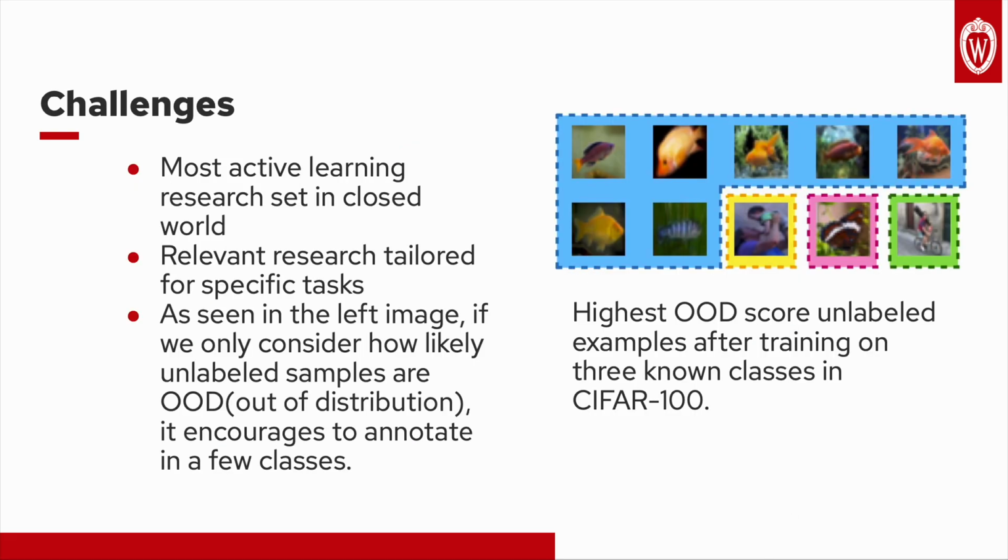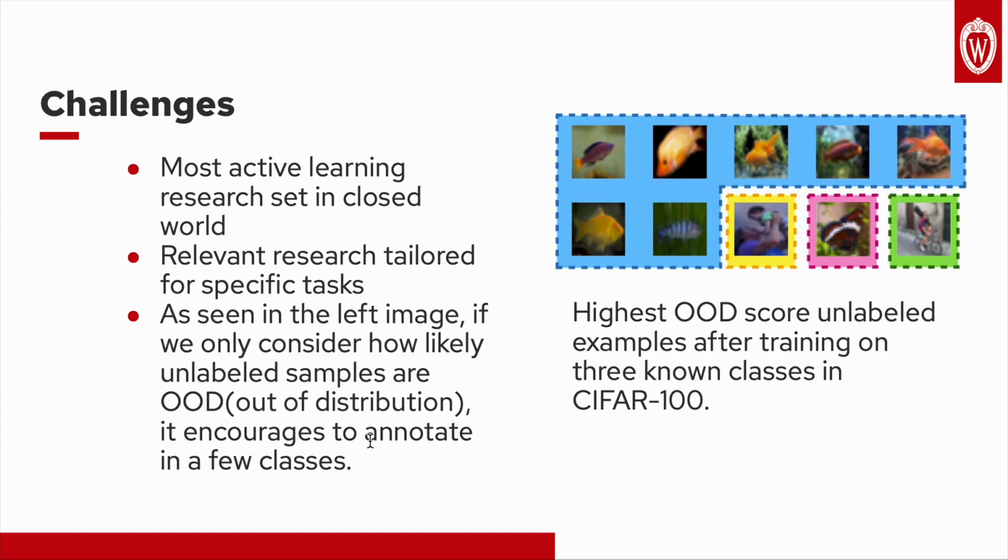Moving on to the challenges, as mentioned in our motivation, most active learning research is set in a closed world. Moreover, relevant research and methods are usually tailored for specific tasks. This limits their effectiveness when facing more general problems, like image classification.